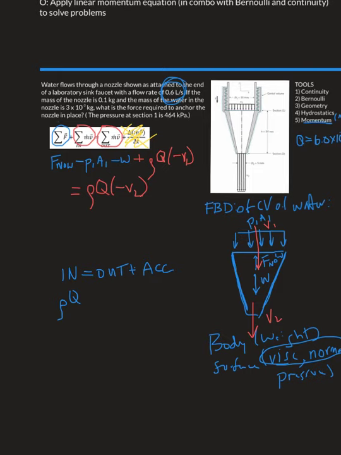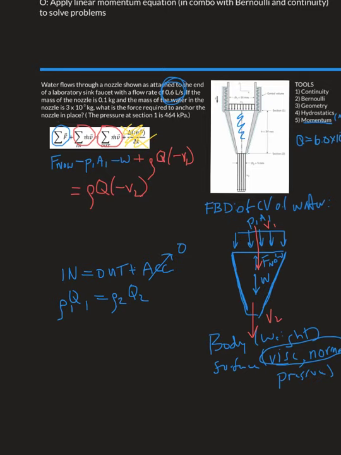So that's rho at position 1, Q at position 1, equals out, rho at position 2, Q at position 2. And nothing's accumulating inside this thing. This water is the same now as it ever will be. So this accumulation goes away because it's neither gaining nor losing mass in there.